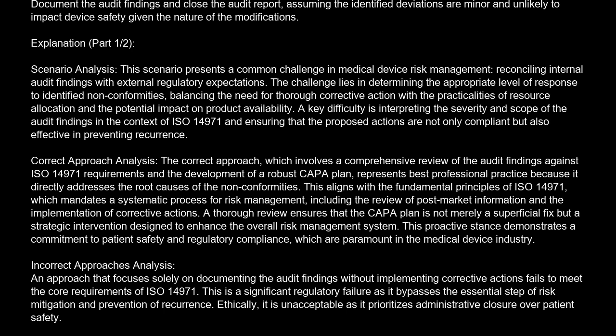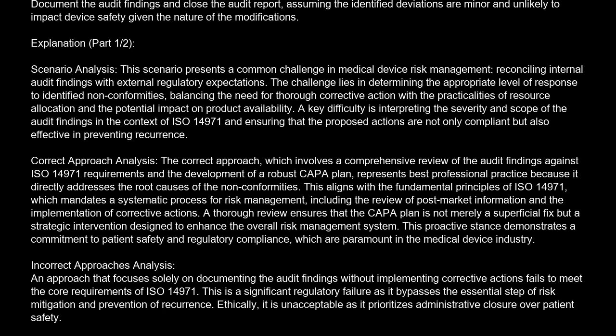This aligns with the fundamental principles of ISO 14971, which mandates a systematic process for risk management, including the review of post-market information and the implementation of corrective actions. A thorough review ensures that the CAPA plan is not merely a superficial fix, but a strategic intervention designed to enhance the overall risk management system. This proactive stance demonstrates a commitment to patient safety and regulatory compliance, which are paramount in the medical device industry.